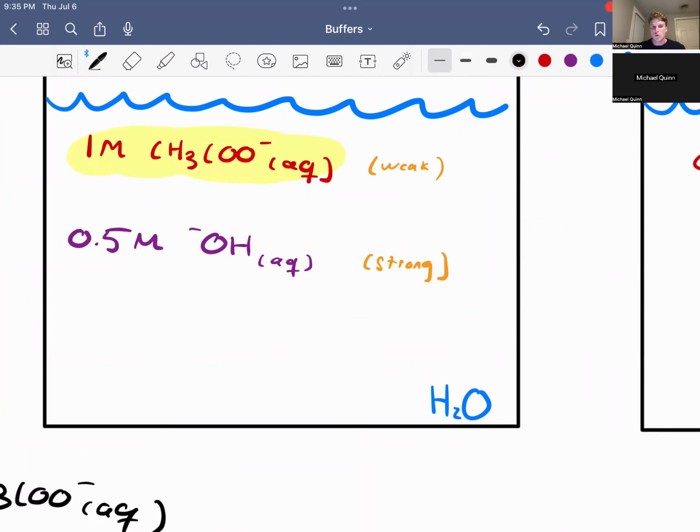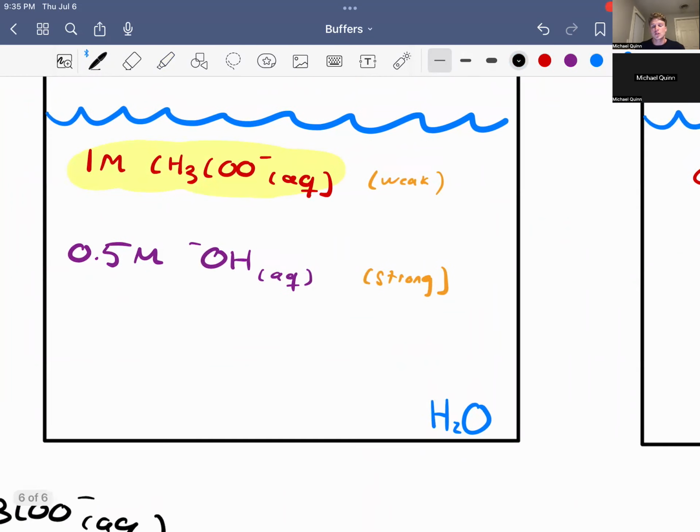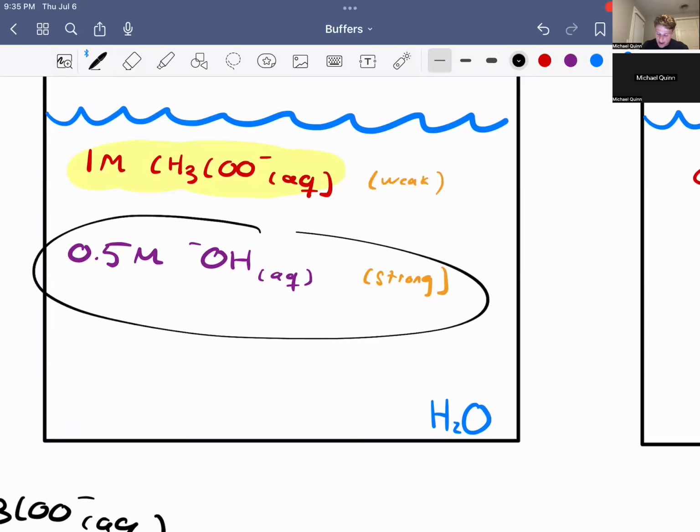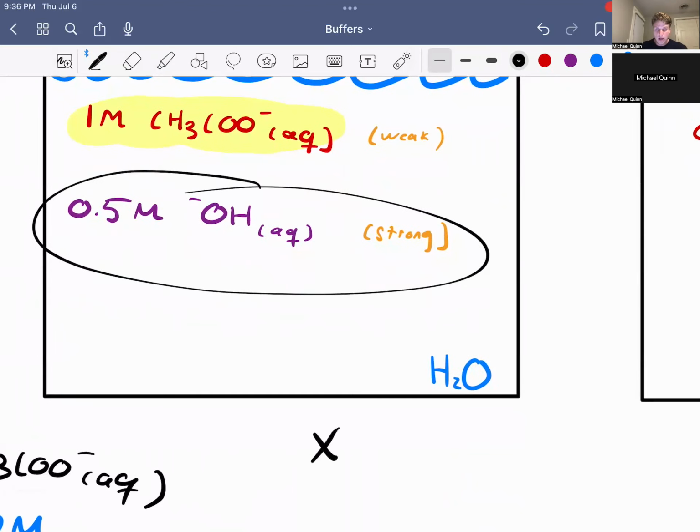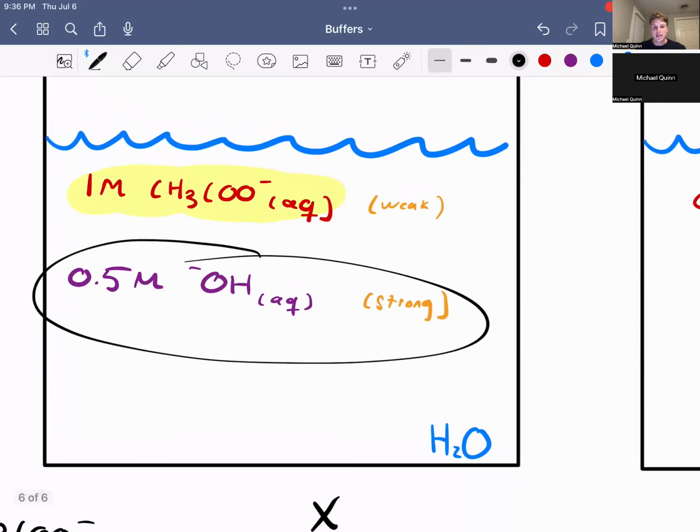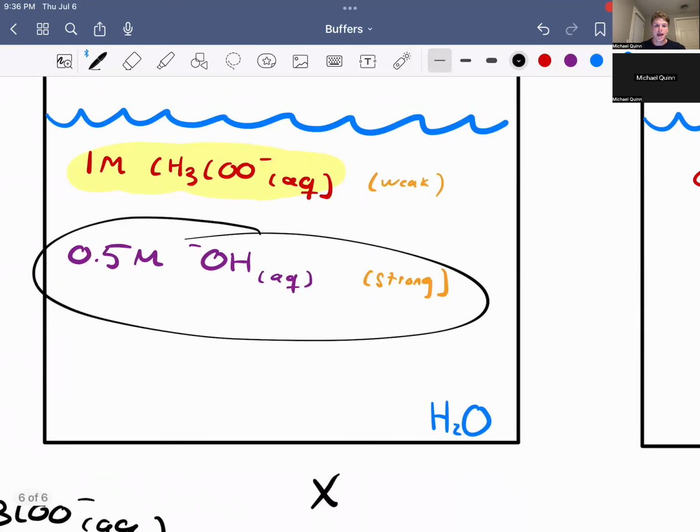Now, to run a titration with this weak base, we would need to add a strong acid to give CH3COO minus a hydrogen to form some conjugate acid to make a buffer. However, we're adding a strong base here. A strong base is not going to help CH3COO minus gain a hydrogen. So this will not be a buffer because when we run this reaction, CH3COO minus is not going to be able to react with the strong acid it needs to produce its conjugate acid.